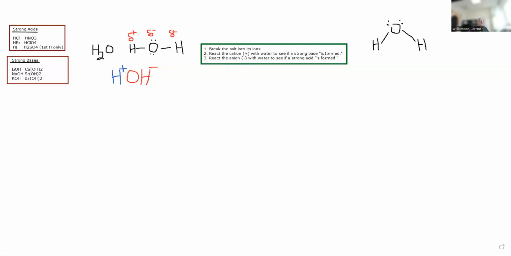It's not going to actually be formed. And then we're also going to react the anion, which is the negatively charged ion from the salt, to see if a strong acid is quote unquote formed. And then we'll be able to determine whether or not the solution is either acidic or basic.